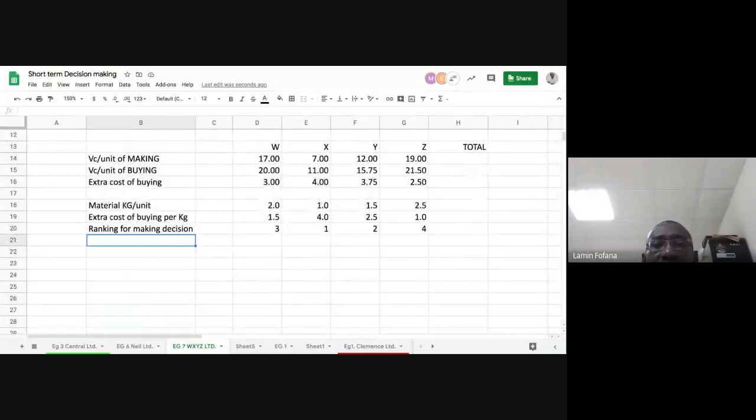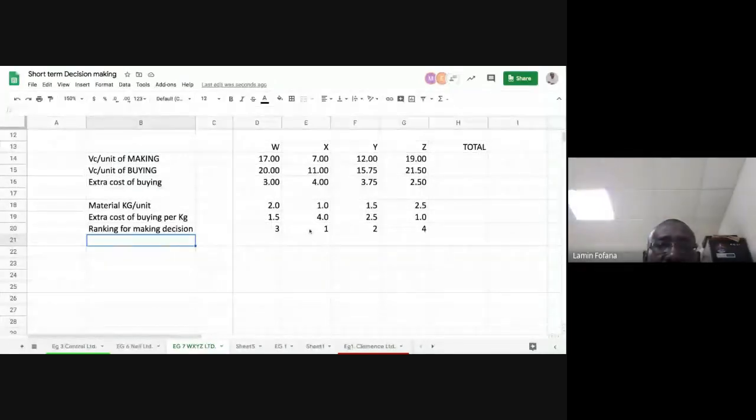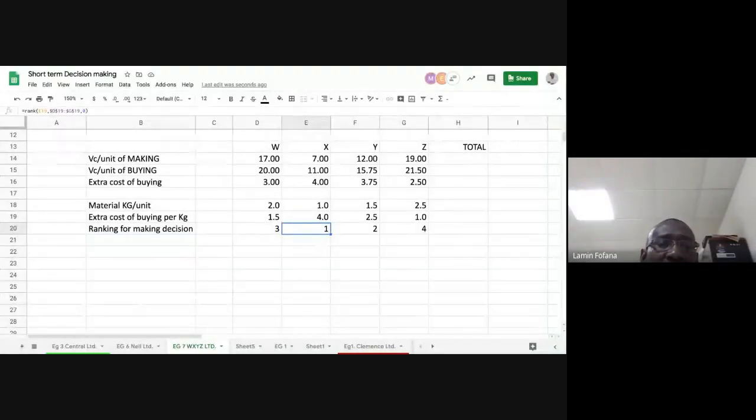So now that we've got the ranking, the first one we're going to make will be X, which is the most expensive to buy at £4 per kilo.